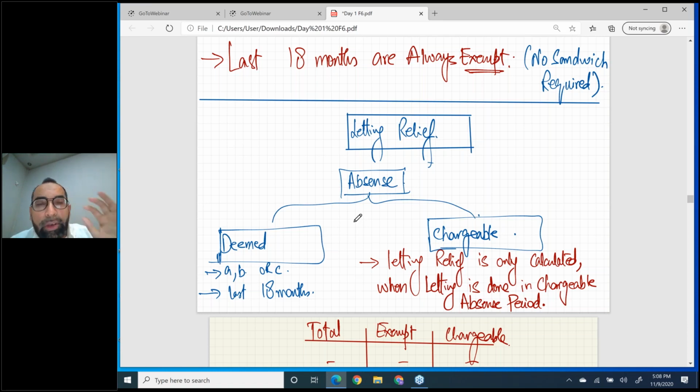If we let our house in deemed absence period, then no letting relief, because deemed period itself is a relief. So letting relief is only available when you let your house in chargeable absence period.